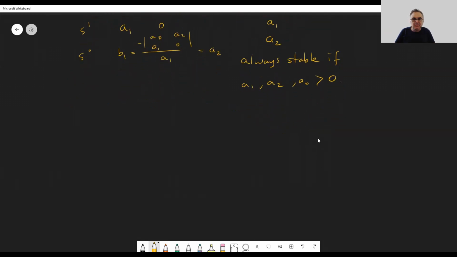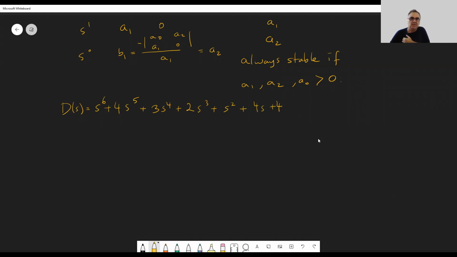Let's try a more difficult example. S to the 6 plus 4s to the 5 plus 3s to the 4 plus 2s cubed plus s squared plus 4s plus 4.